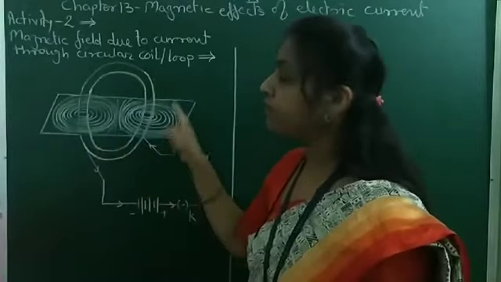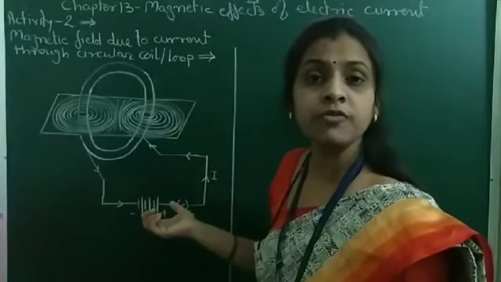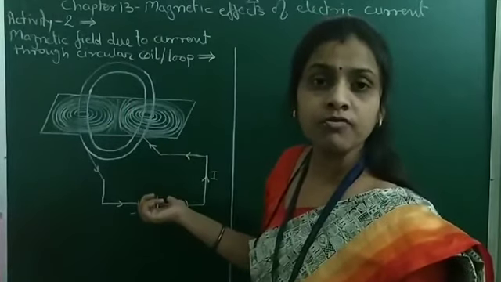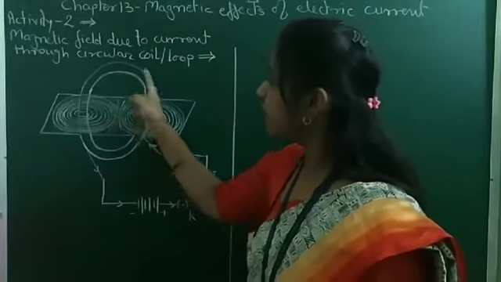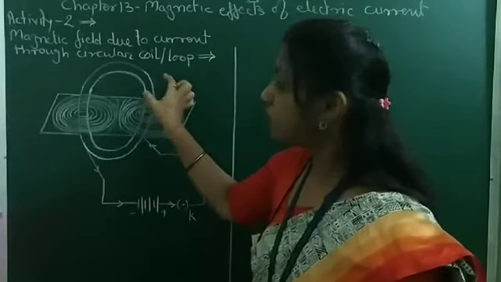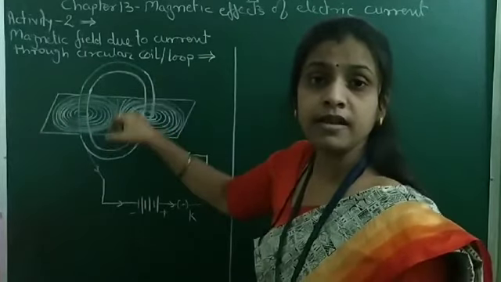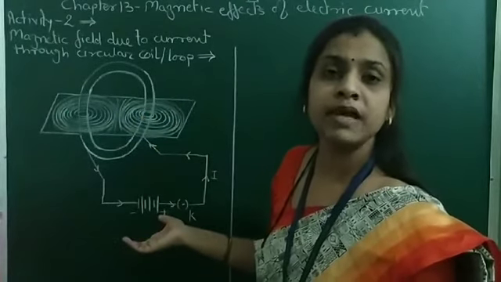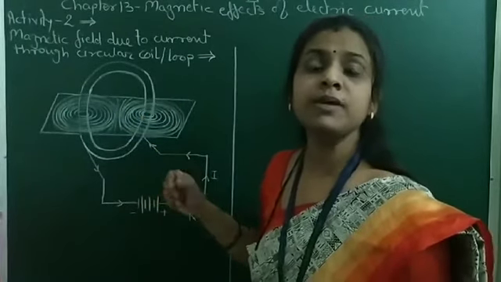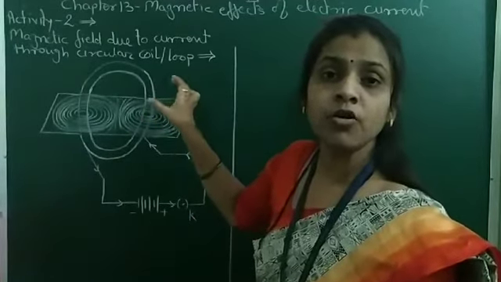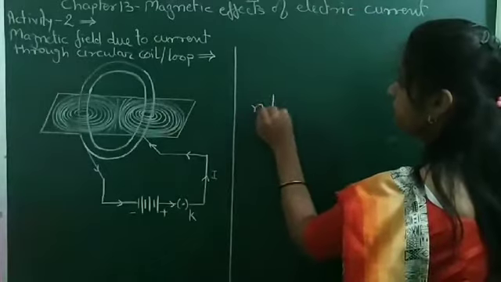The n number of turns produce n times the magnetic field. As one turn produces a magnetic field, if the coil is made up of n turns, then those n wires also produce magnetic field. So the magnetic field produced by the coil is n times.